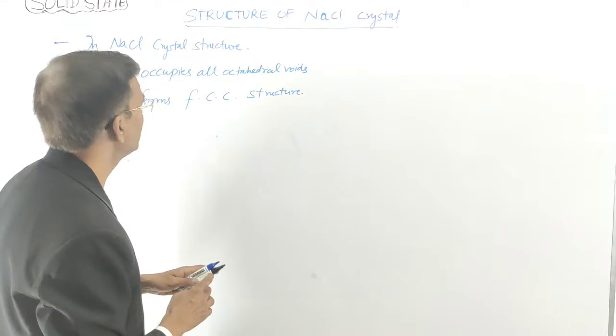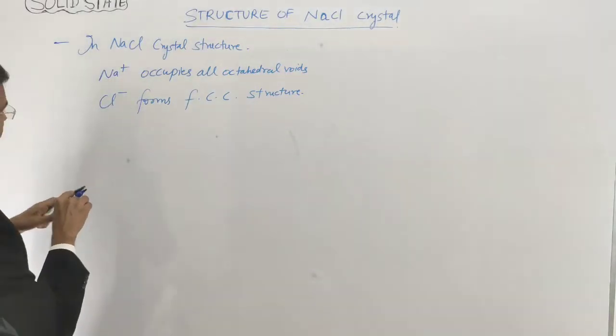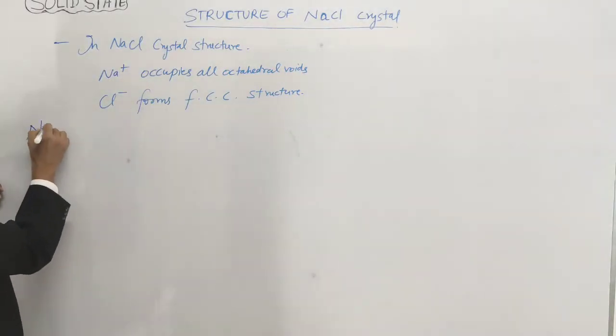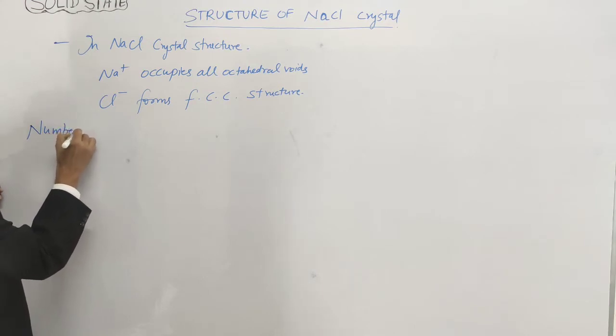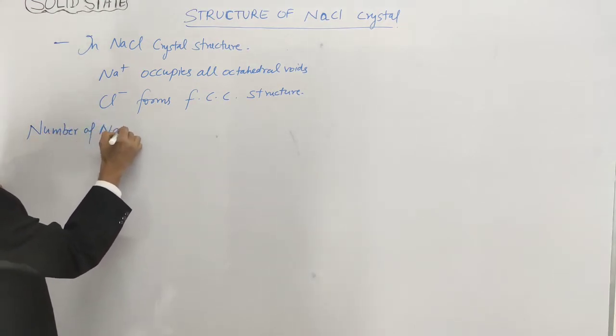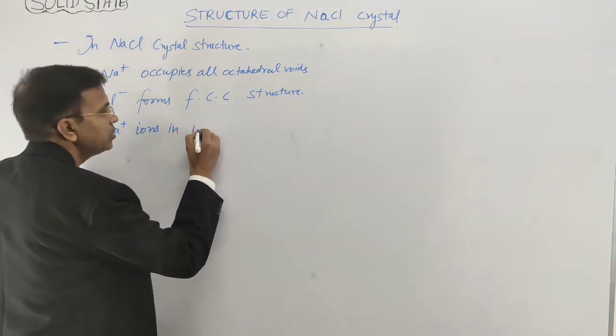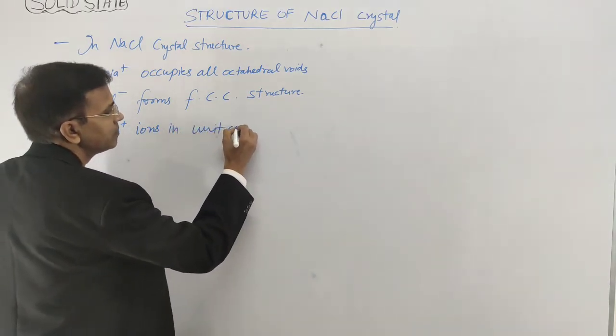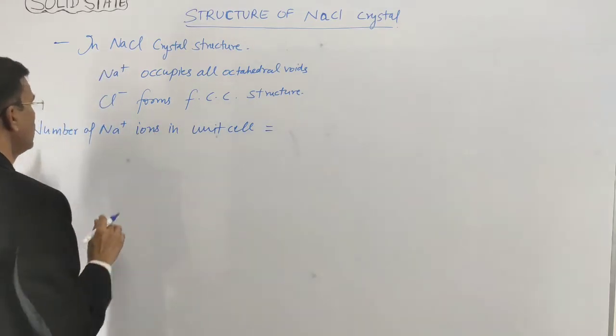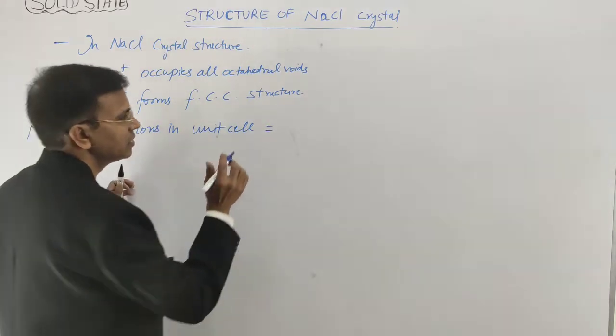So first, the number of Na positive ions in the unit cell is equal to all octahedral voids, right?